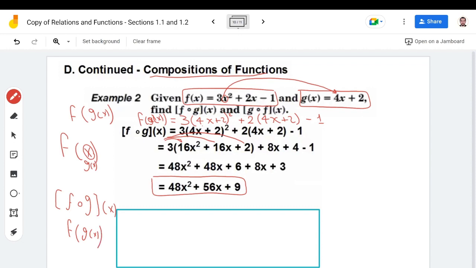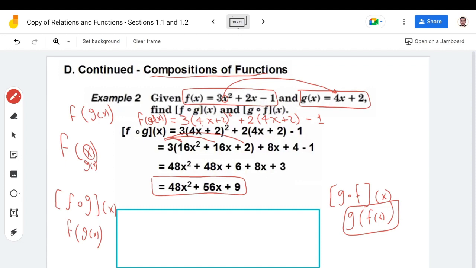In this question that I'm asking you now, I'm asking you to find this one: g of f of x. So how can we write this? What will it be? It is g of f of x. Then you will need to find this. You need now to replace all of this on the x here.